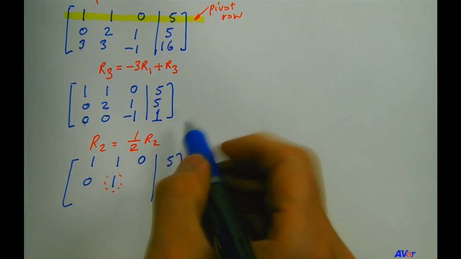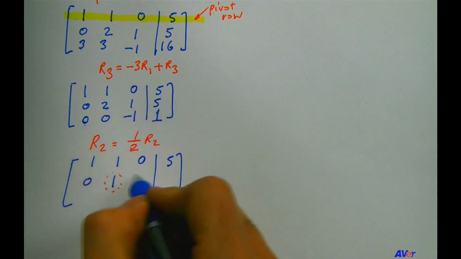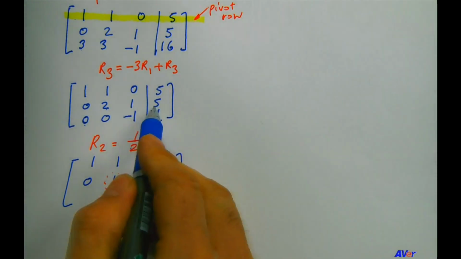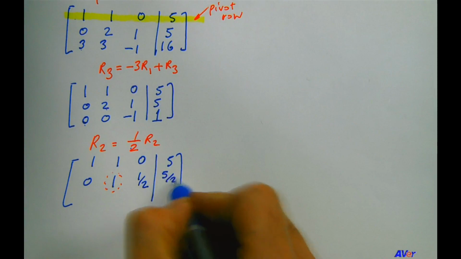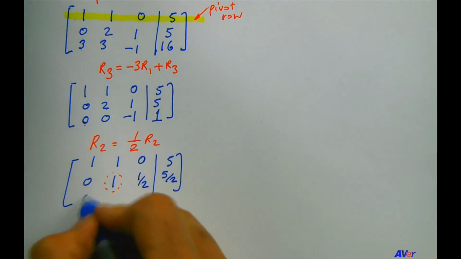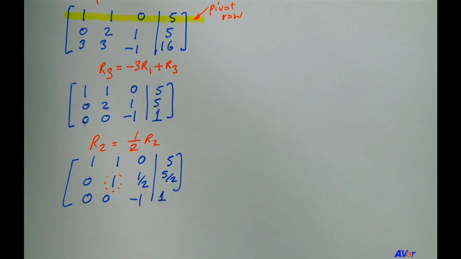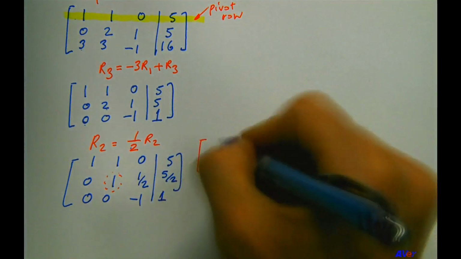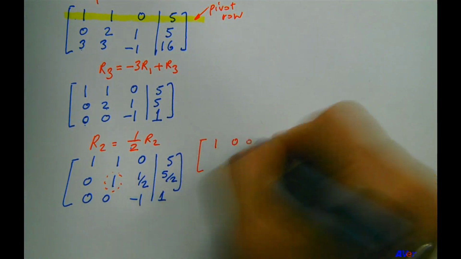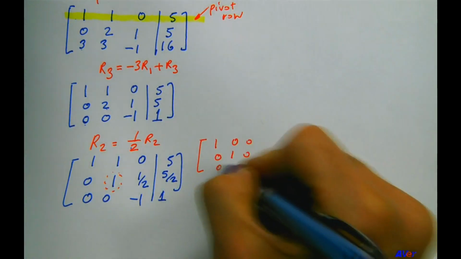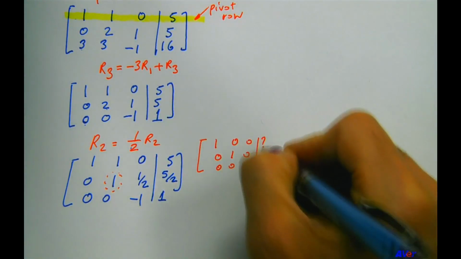All right, so 1/2 times 1, 1/2. 1/2 times 5, 5/2. And the third row isn't changing for now, so I'm going to write it down as it is. Okay, it's off the screen now, so let me write it here again so we can look at it. This is the reduced row echelon form, right?